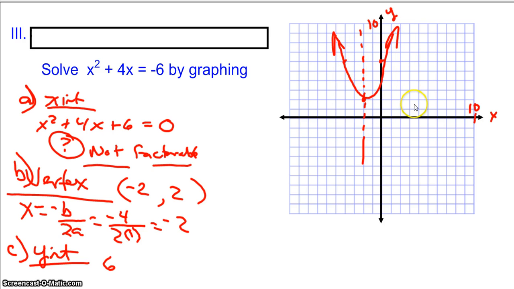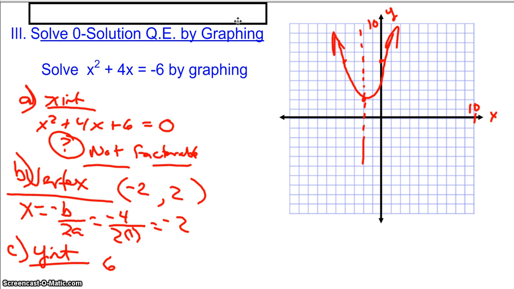So how many solutions are there to this? 0 solutions. There are infinite points, but there are no x-intercepts. The definition of solutions is x-intercepts. We have to have that word completely memorized, because it doesn't mean just what would make this equation true. It means where it touches the x-axis.